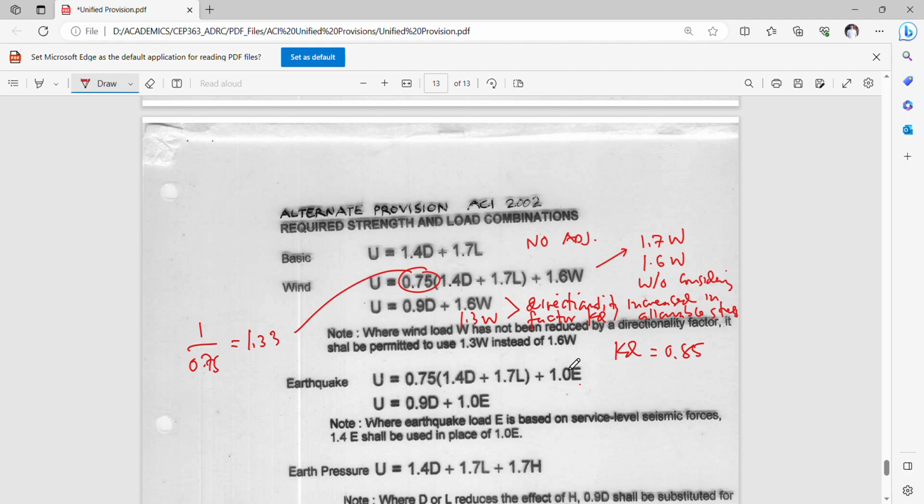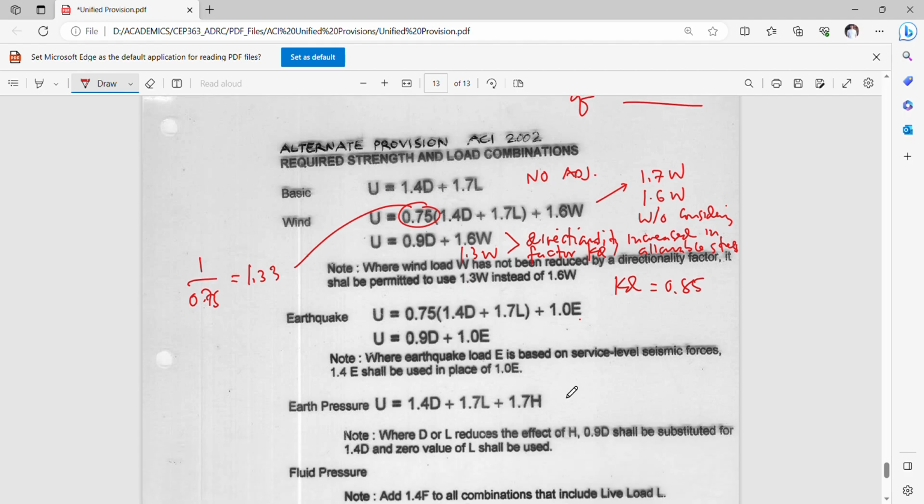In your computation for your formula for your Q that has something to do with the directionality factor, then you have to take note of this. Okay, so on earthquake now, again a change is you don't have to consider the 0.75 on 1.0E. So slowly but surely the strength design approach is now being phased out.